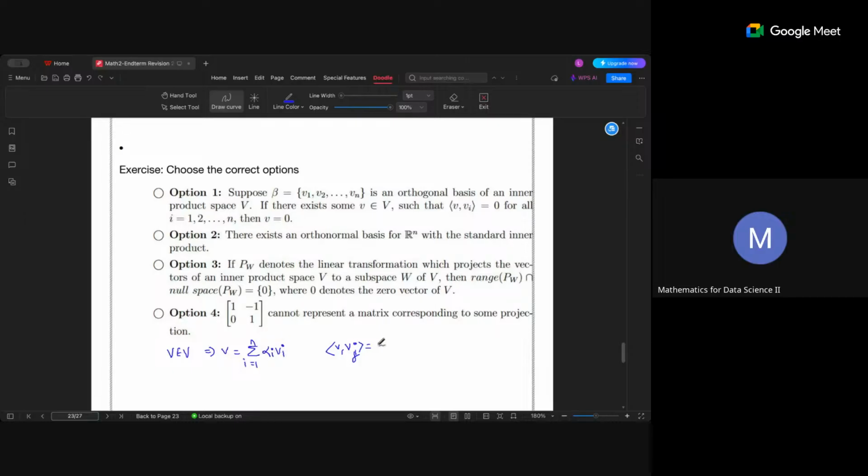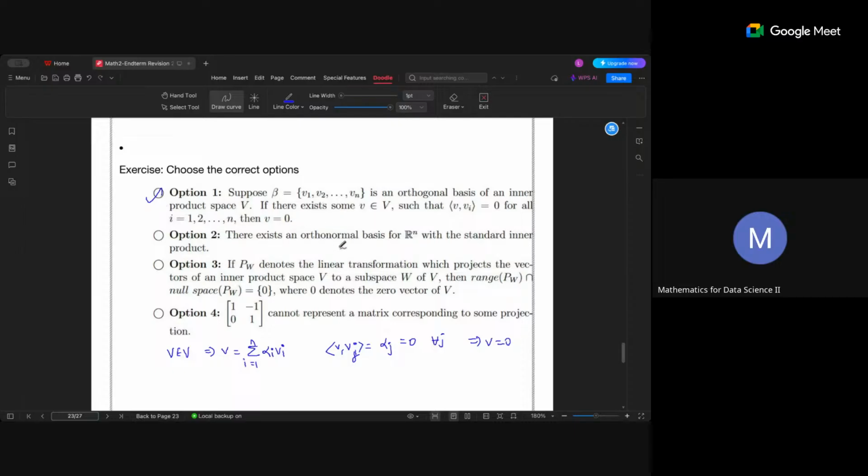So here you know that the coefficient is alpha j and this is equal to 0, right? So like this, each of the coefficients is 0. So this is true for all j. If each of the coefficients is 0, then you know that v is equal to 0, right? So you know that this is the correct option.